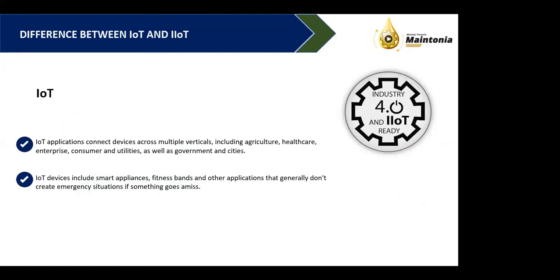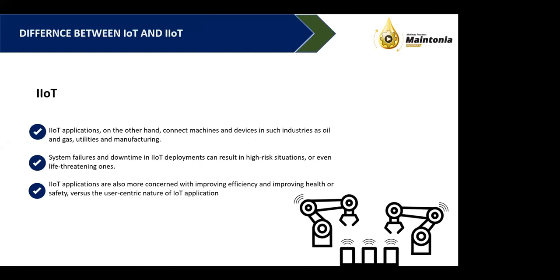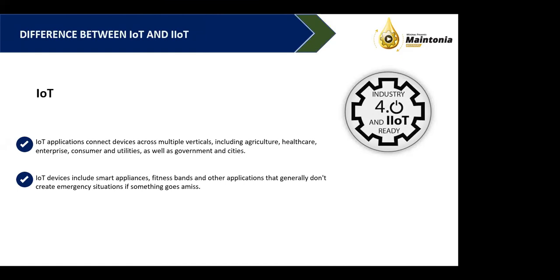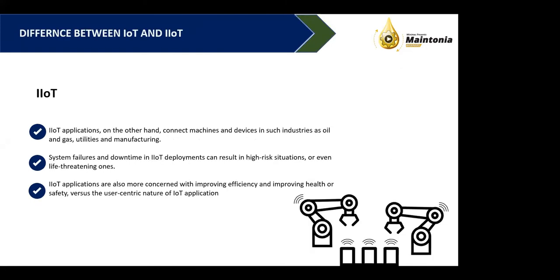Yeah. So this is a slide explaining about IoT and IIoT. We talked a lot over this. Suppose I am a maintenance guy, or any one of you is a maintenance guy, sitting at home.